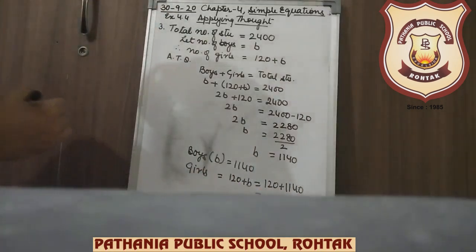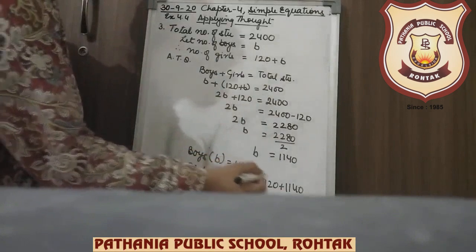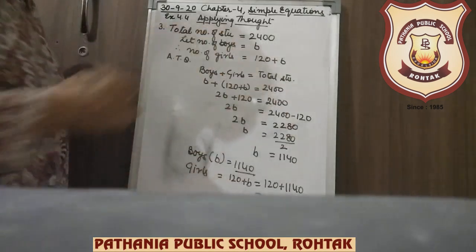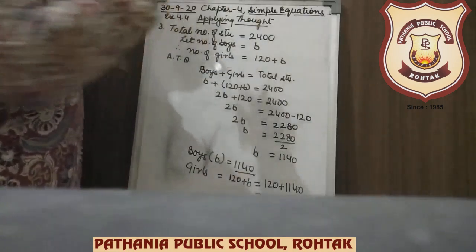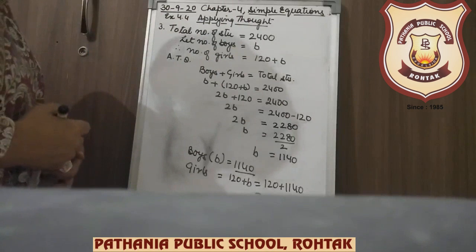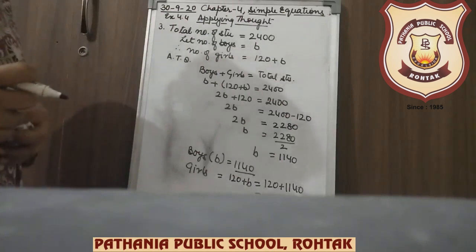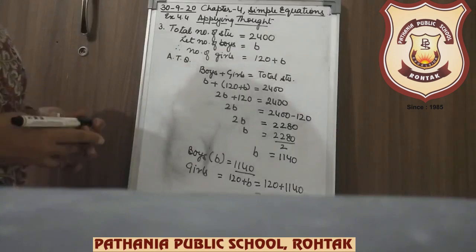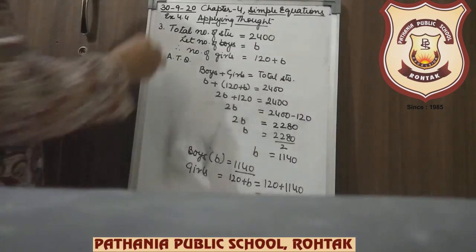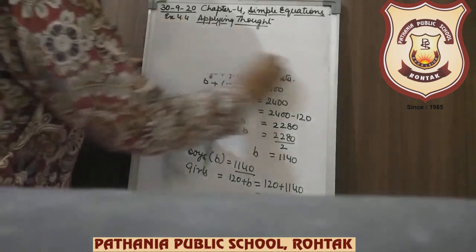Is that clear? So these are the number of boys and these are the number of girls, which make total strength of 2400. So this is the case when the total is given and you have to find the number of the children here.